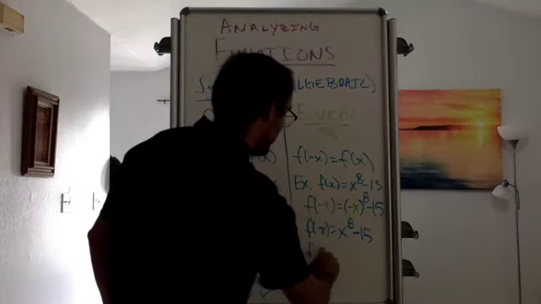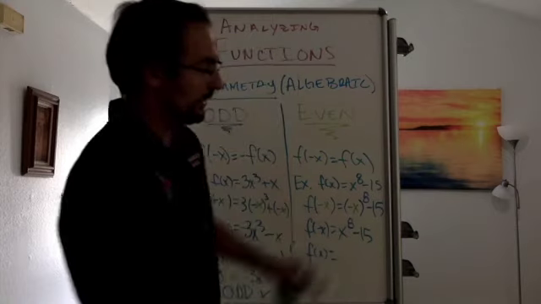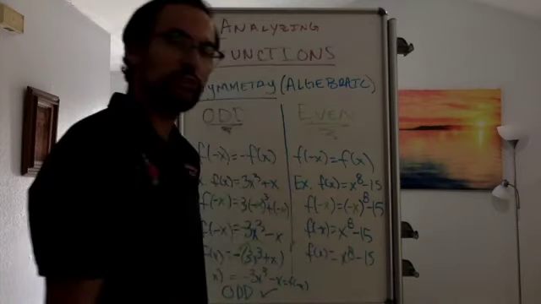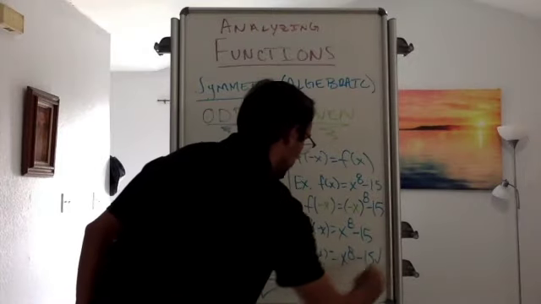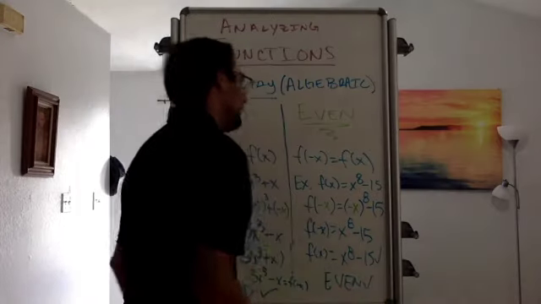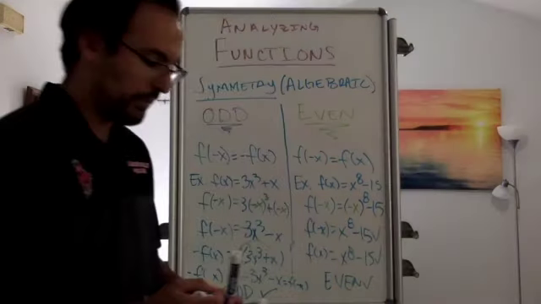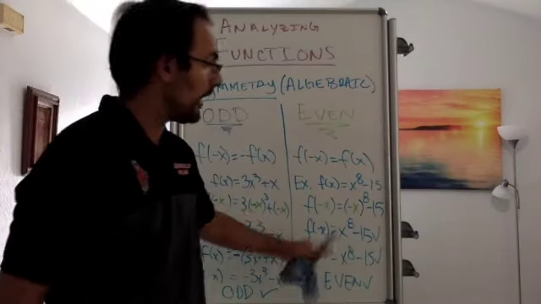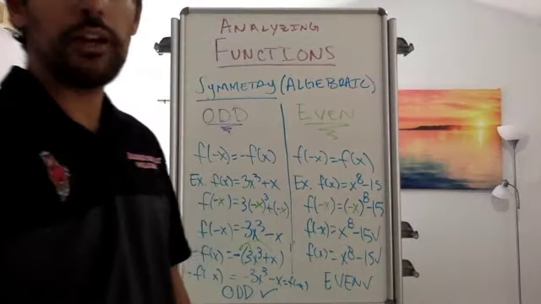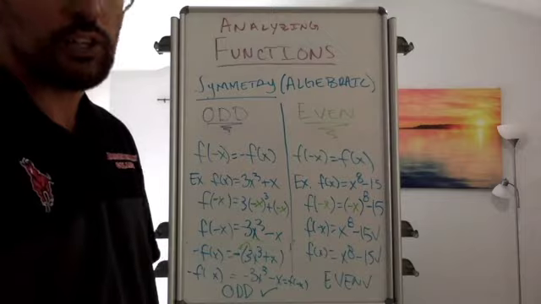Well, let's write f of x right under it. F of x is x to the 8th minus 15. Are those two the same? Yes, they are, so my function must be even. I could put check marks by those just to verify that the function x to the power of 8 minus 15 would be an even function.